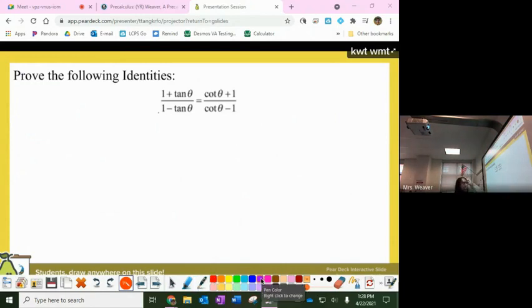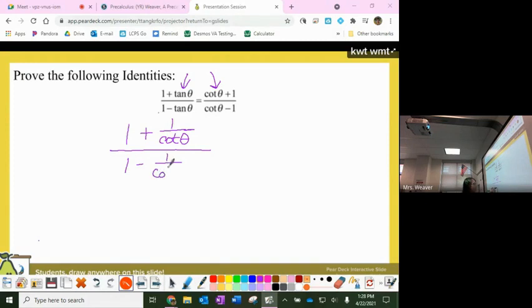Okay. So Sarah said, we've got tangent and we want cotangents and they're reciprocals of each other. So instead of changing to sine and cosine, she's like, why don't we just change to 1 over cotangent? Remember, that's our quotient identities, that tangent and cotangent are reciprocals. So why not just change to 1 over cotangent for tangent in both the numerator and the denominator? So 1 over cotangent theta.